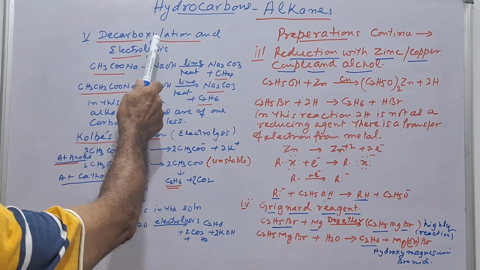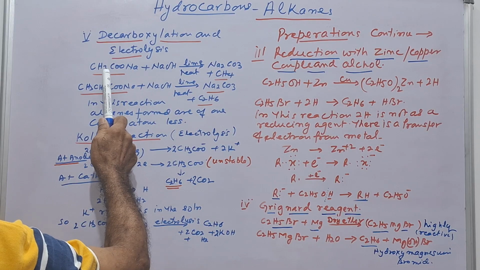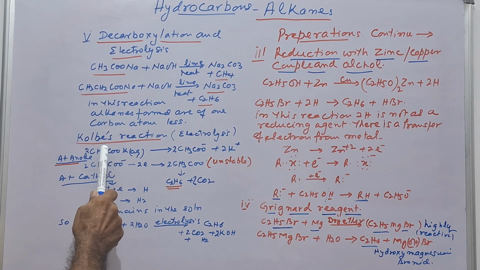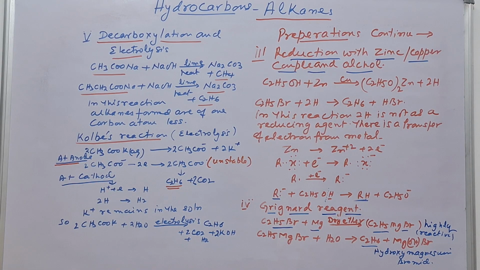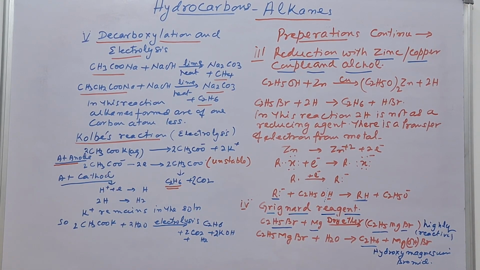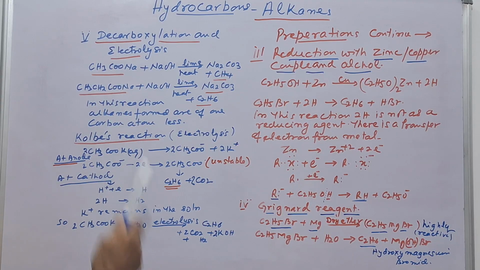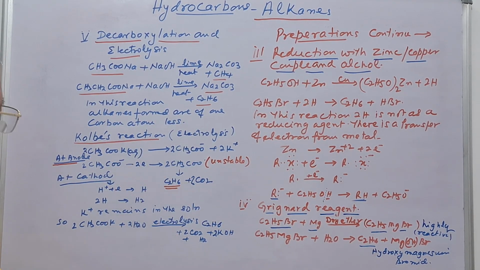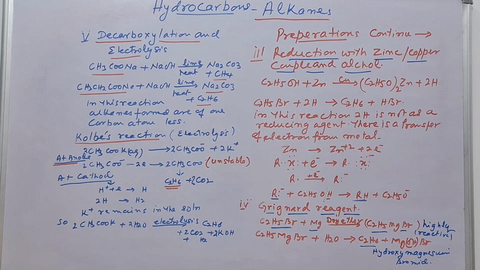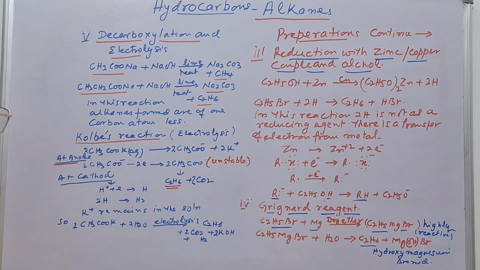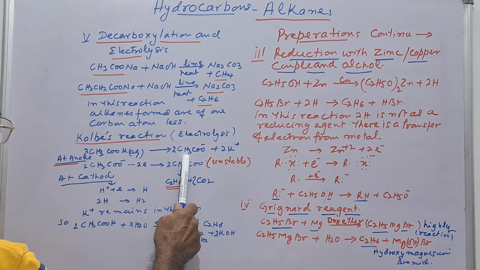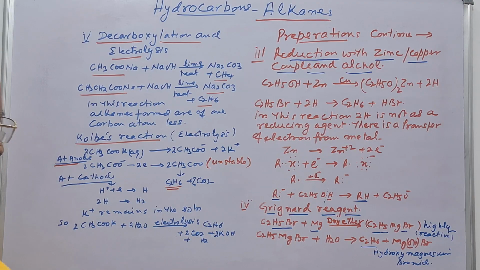Now the electrolysis of the aqueous solutions of their salts is known as the Kolbe reaction. That is electrolysis of the salts, known as the Kolbe reaction. If we take potassium acetate, it undergoes ionization in aqueous solution, forming acetate ions and potassium ions.